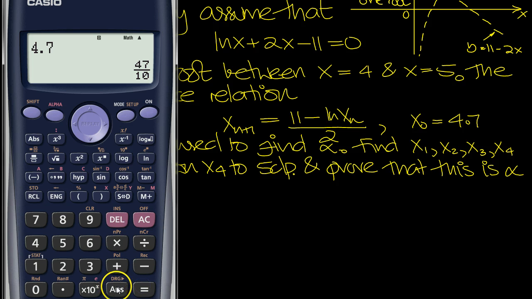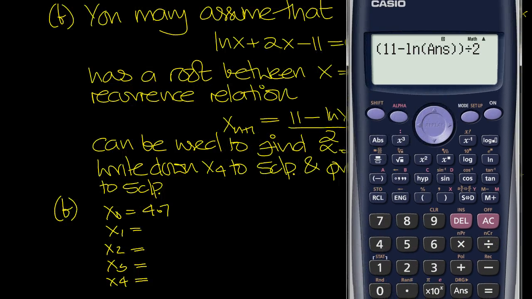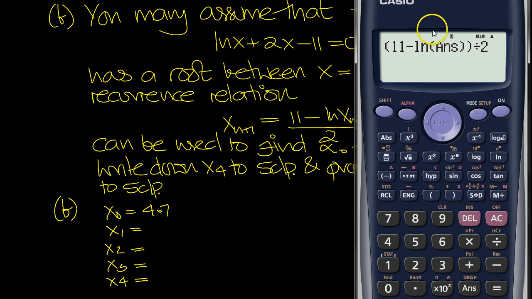Now that's been recorded in ans. So we want on the top 11 minus ln of ans, close bracket, that was 4.7, on top, divided by 2. Now I'm going to move this over to the other side and record these values.